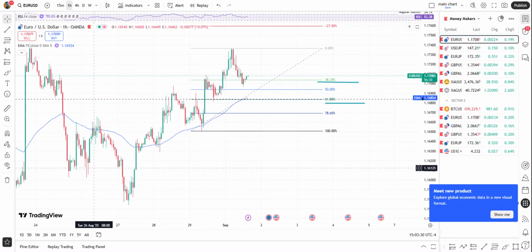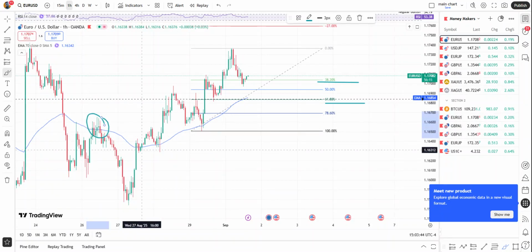If you pay attention, you can pick up a few things. First, this blue line right here is like a moving support and resistance. It's called the EMA. And you can see price is testing it right here and right here. It seems to find energy anytime it comes down here where it pushes up.